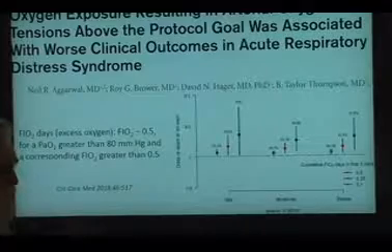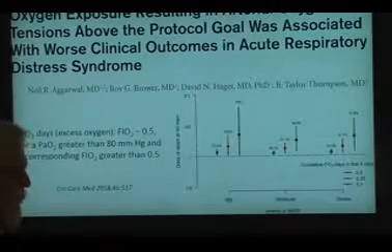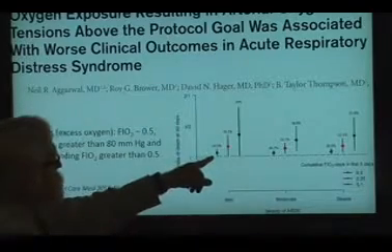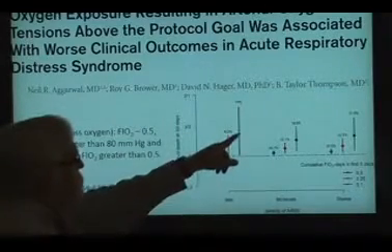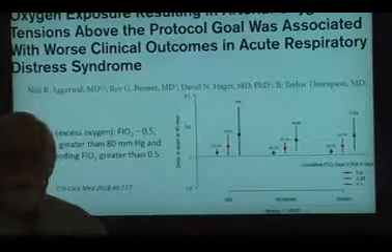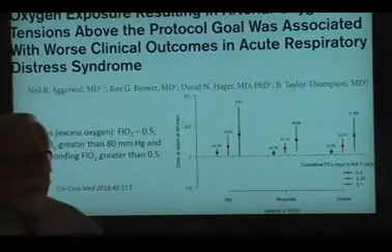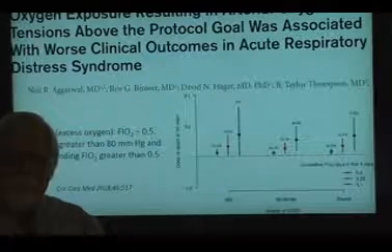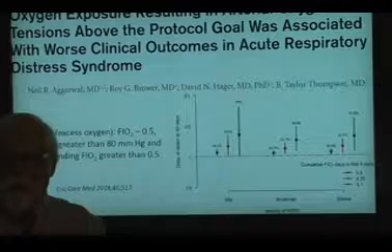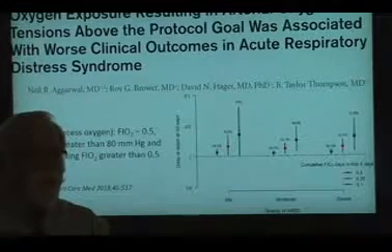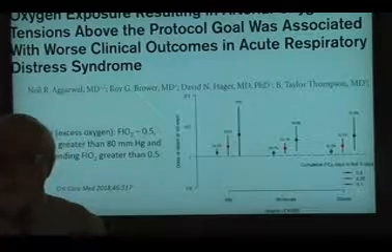And without getting into the details of the methodology that they used in the study, let me just point out that the difference between the blue and the red and the black bars and dots are increasing levels of oxygen exposure. In other words, allowing the oxygen saturation to be greater than 95% as a result of an increase in FiO2. So that's the patient in the unit who's on 60% oxygen, has a saturation of 99%.